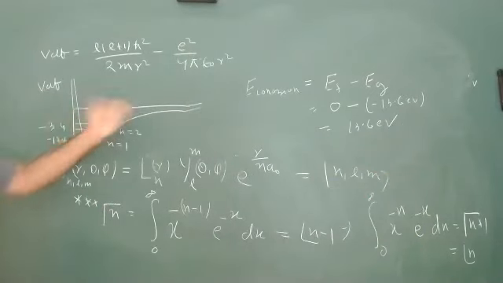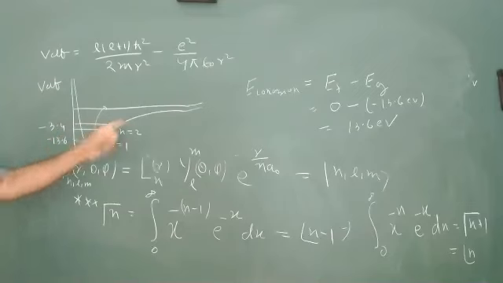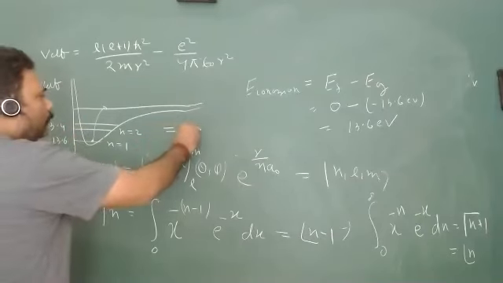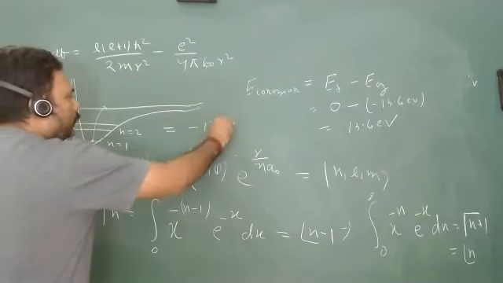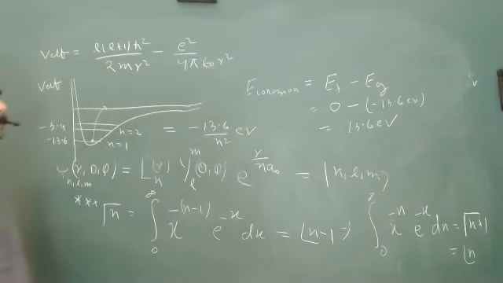So ionization is the minimum energy for which the electron will be unbound. And you can see all negative values of energy are bound, but not all energies are allowed. Rather, some discrete values of energy are allowed, and this is the energy of the hydrogen atom. We have seen this will be written as minus 13.6 by n square electron volt.